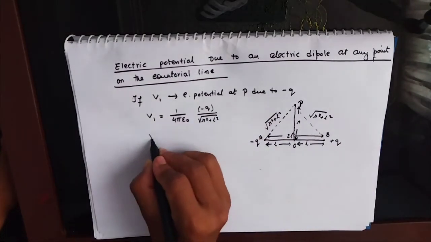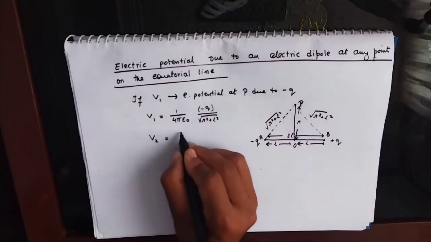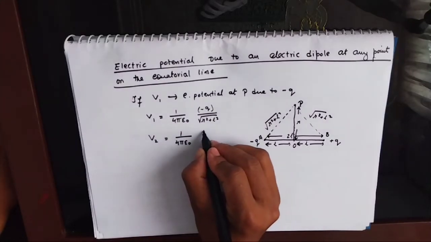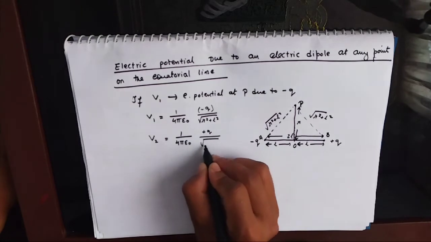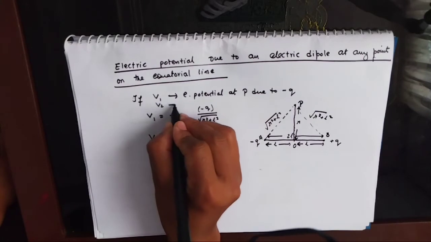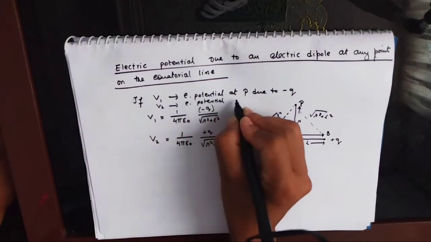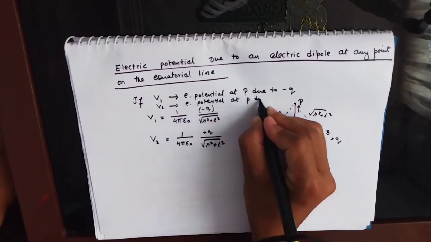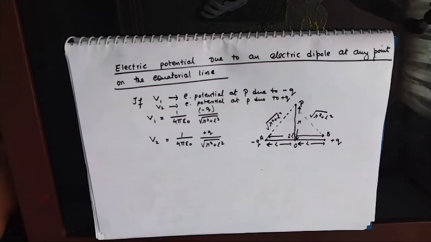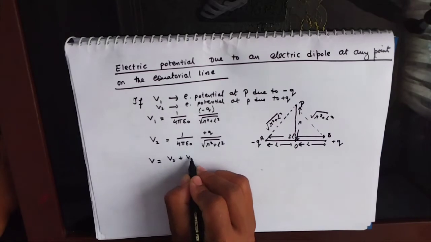Then what is the potential at point P due to plus Q? It is V2, 1 by 4 pi epsilon naught, then the charge plus Q divided by root over R square plus L square. So V2 is the electric potential at P due to plus Q. If V is the net potential, V will become V2 plus V1.